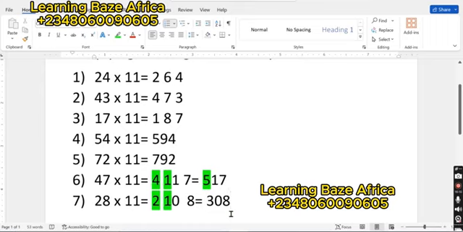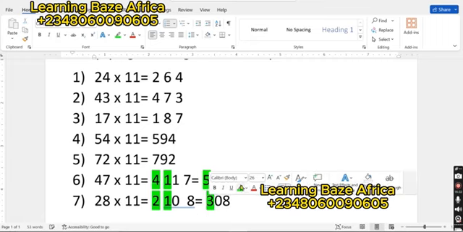So it means 28 times 11 is equal to 308. I hope you understand how we got the digit 3. We added 1 to 2. We had to carry 1 over. So always remember, when you add the first and the second digit together and you have 2 digits, make sure you carry 1 over to the digit that is on the left hand side. This is a mental math trick, okay?